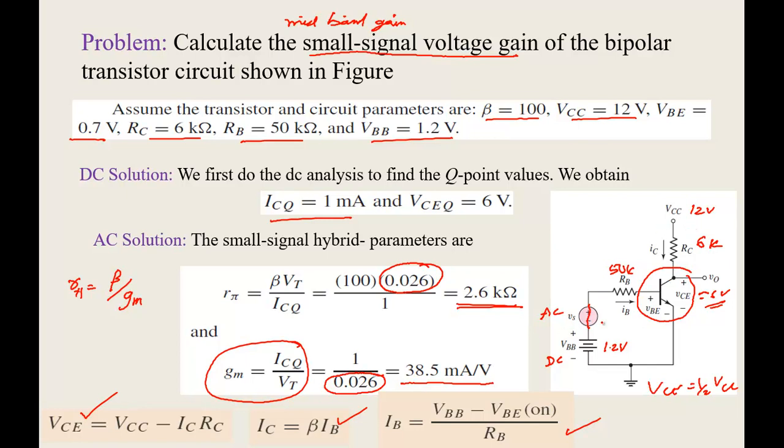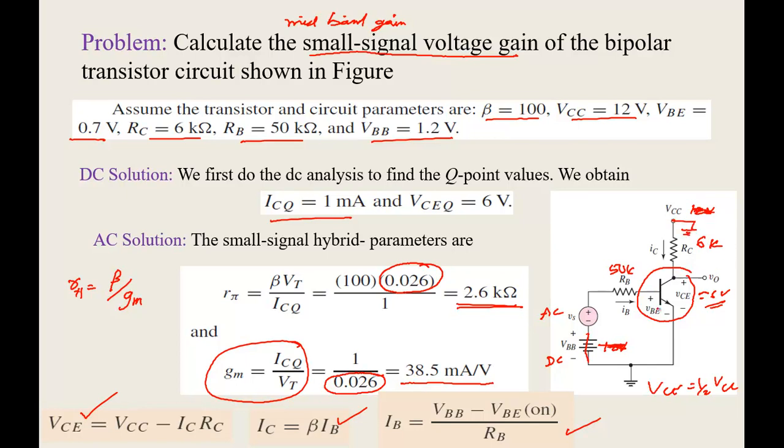This is a small signal analysis, so first I have to short the DC. All DC should be grounded. No AC here, no DC here, VCC grounded.